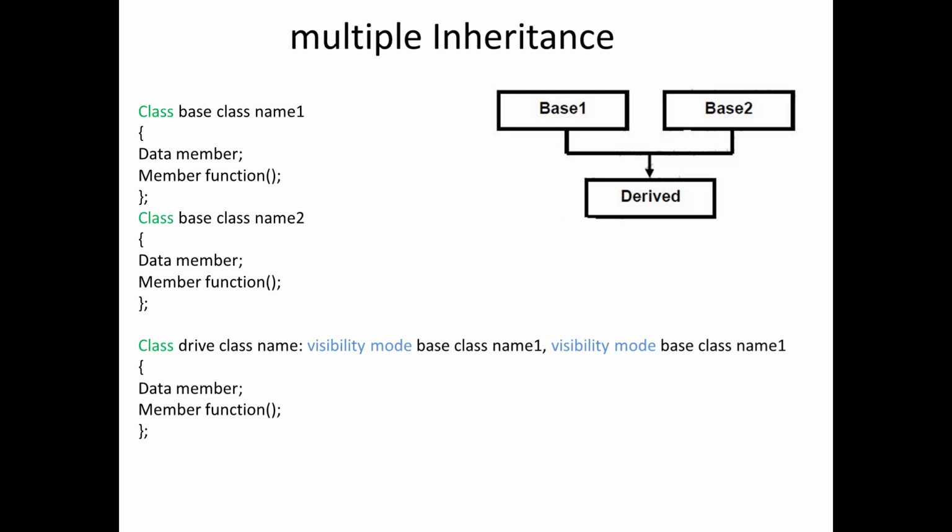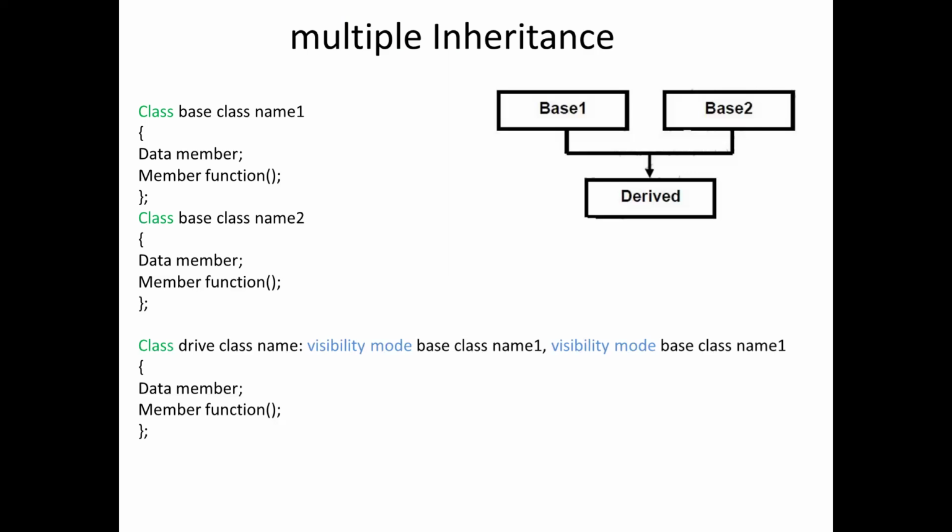After that, we create another class called base class 2. And while creating base class 2, we do not use inheritance because base 1 and base 2 are both independent classes. They are not inheriting from each other.